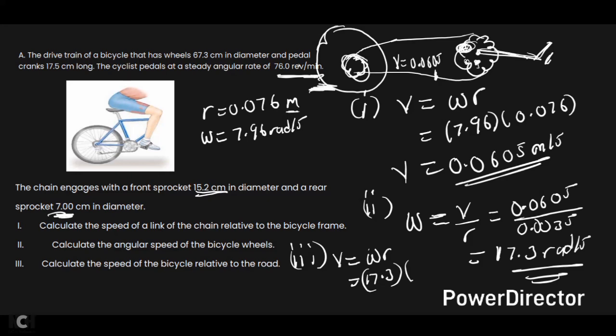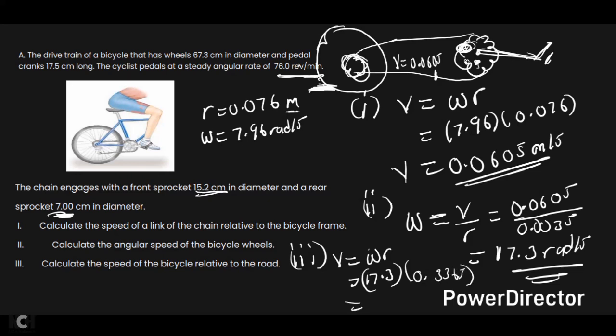Then what's the radius of the tire? The radius of the tire, they have given us the diameter, so we have to convert that one. 67.3 divided by 2 gives us 33.65. Then divide that by 100, so it will give us 0.3365, like that.